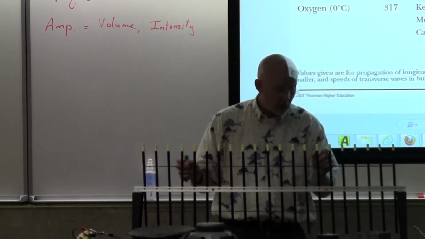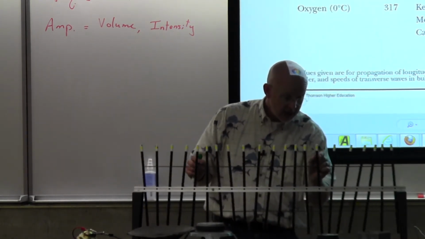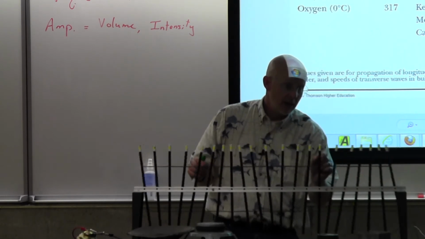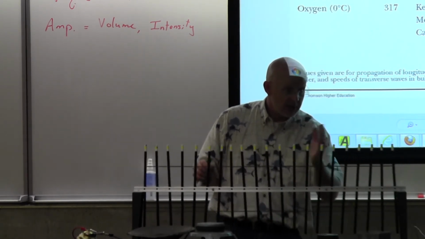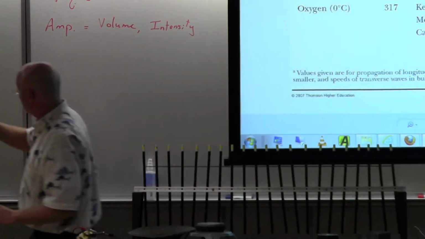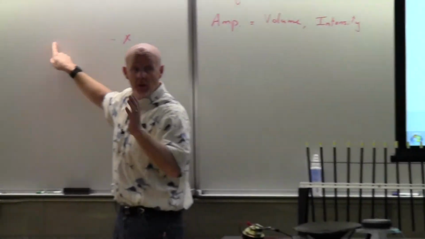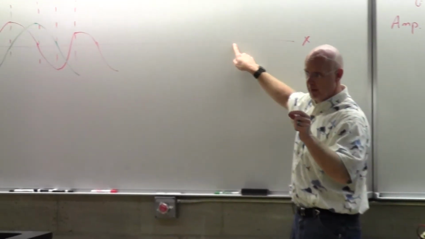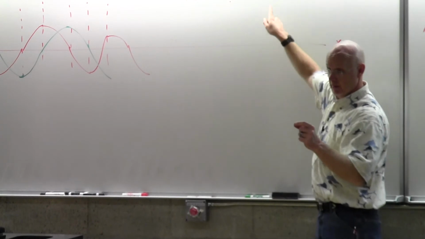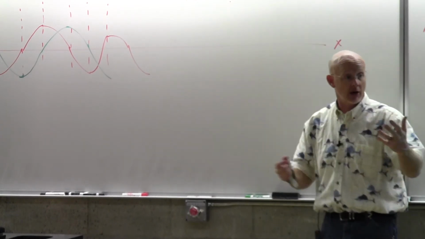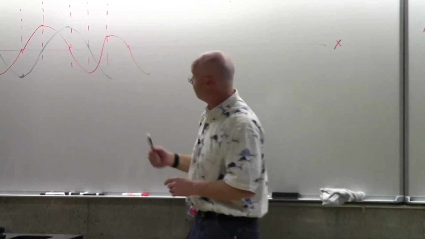Then when sound waves are created, it's no longer going to be at that X position because it's going to be moving. But nonetheless, I'm still going to plot it right here. And how much it has moved from its home base is plotted this way, not this way. Otherwise, it's kind of hard to draw.